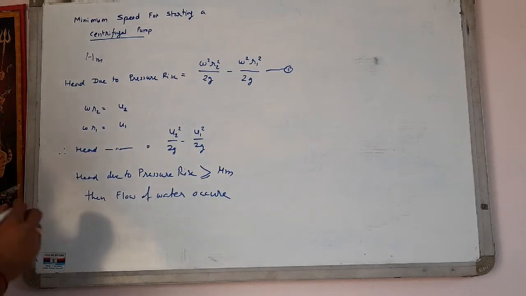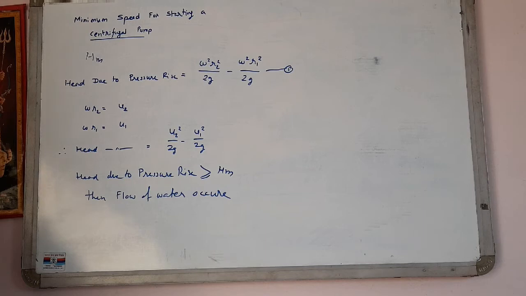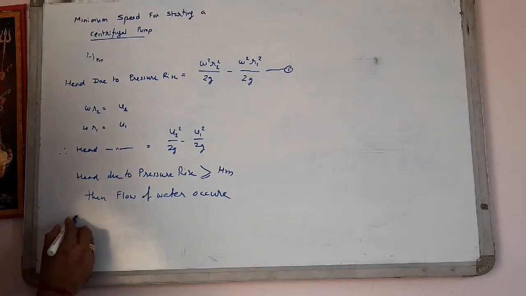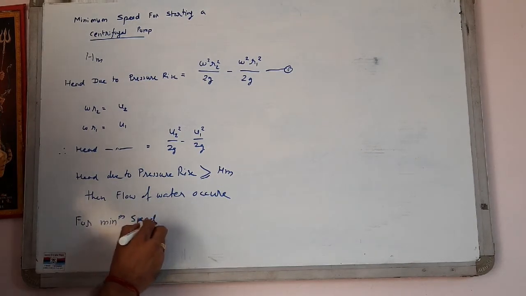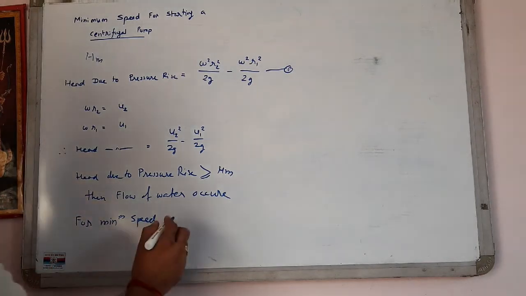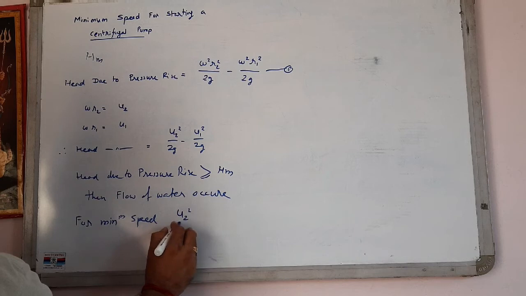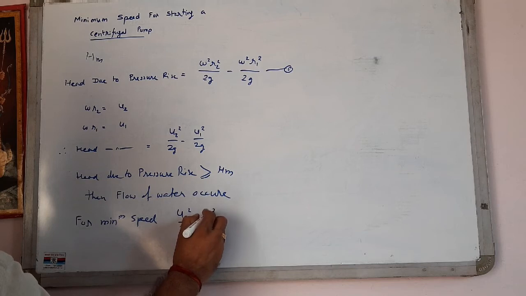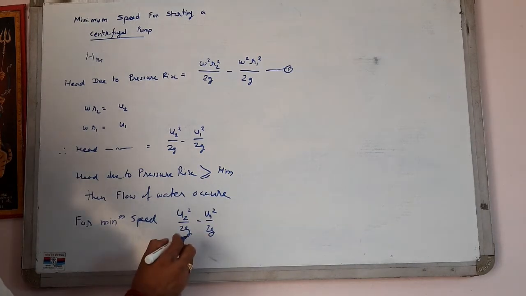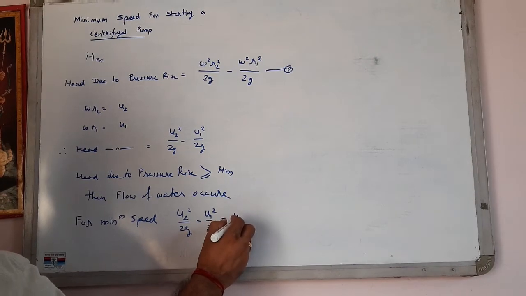Otherwise, only the water rotates but no flow takes place. So for minimum speed we must have U2 square by 2G minus U1 square by 2G equal to HM.